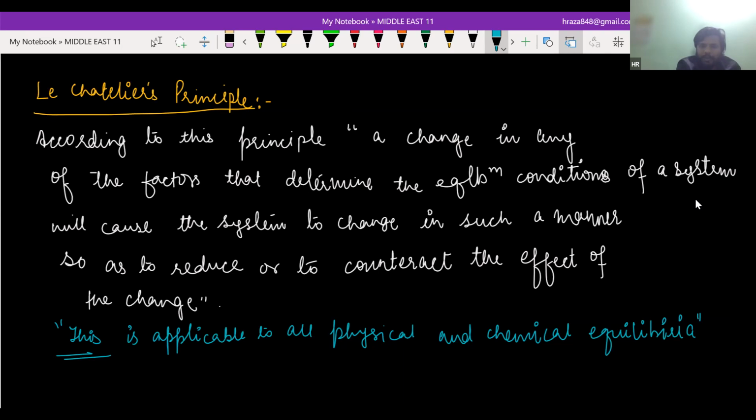According to this principle, a change in any of the factors that determine the equilibrium conditions of a system will cause the system to change in such a manner so as to reduce or to counteract the effect of the change.